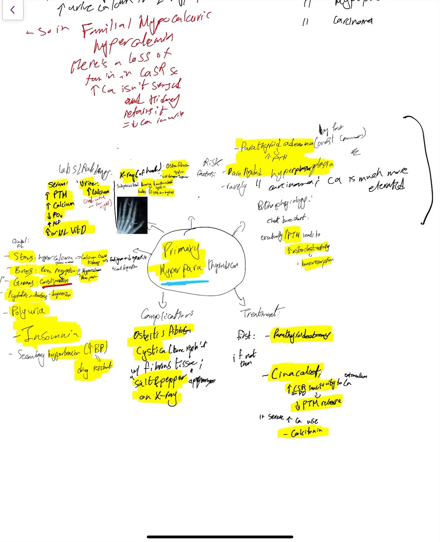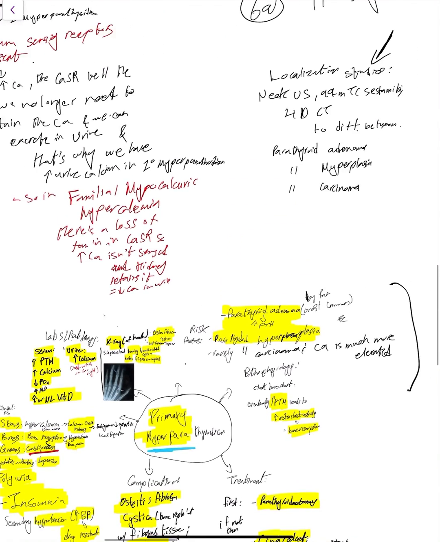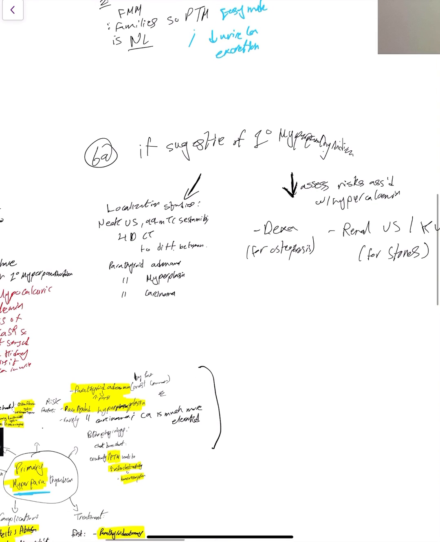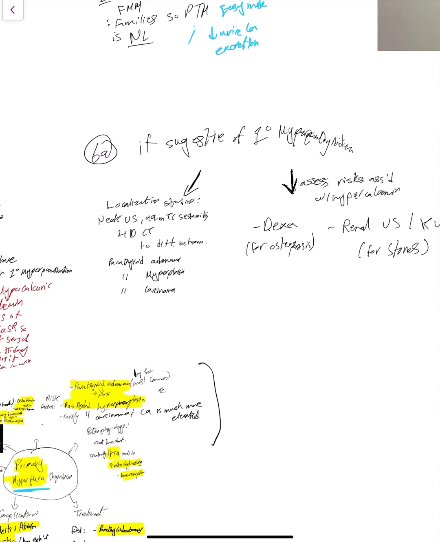In severe hypercalcemia, you can use calcitonin. But in terms of diagnostic workup, when it's suggestive of hyperparathyroidism, there are two things you want to do.